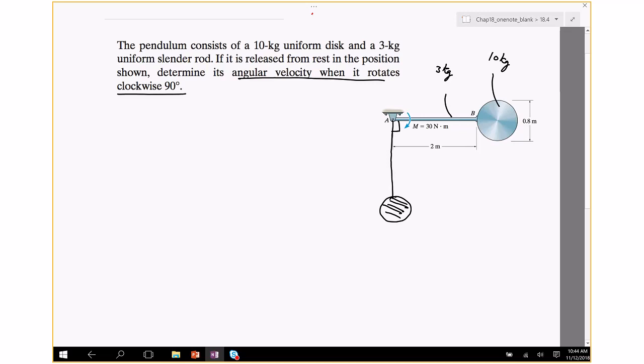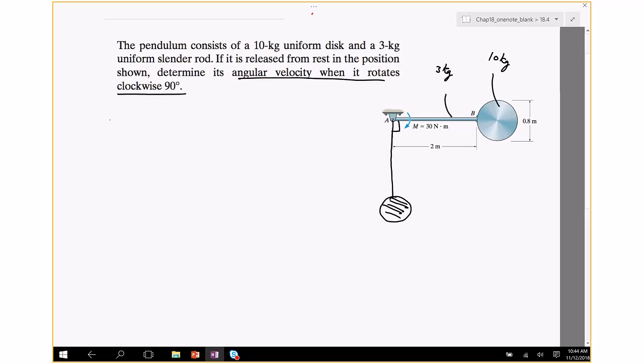So again, the key to figuring out this problem involving work energy is that you are given some information at one instant of motion, that is at 0 degrees, and you're told to find something else, the speed, at 90 degrees. When you are asked to find speed as a function of displacement, you have to apply the principle of work energy or conservation, which we're going to talk about next lecture.